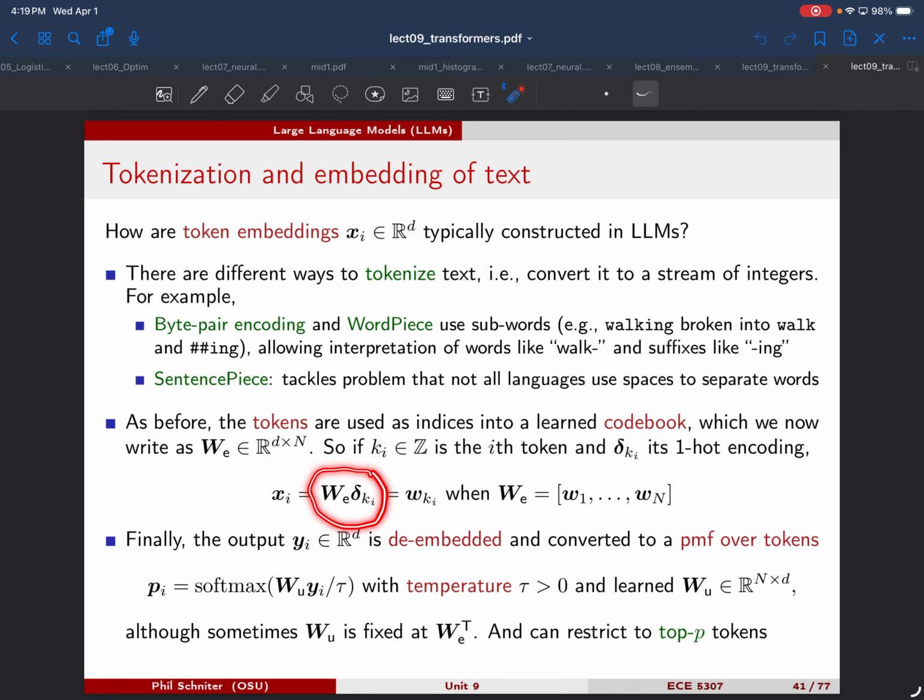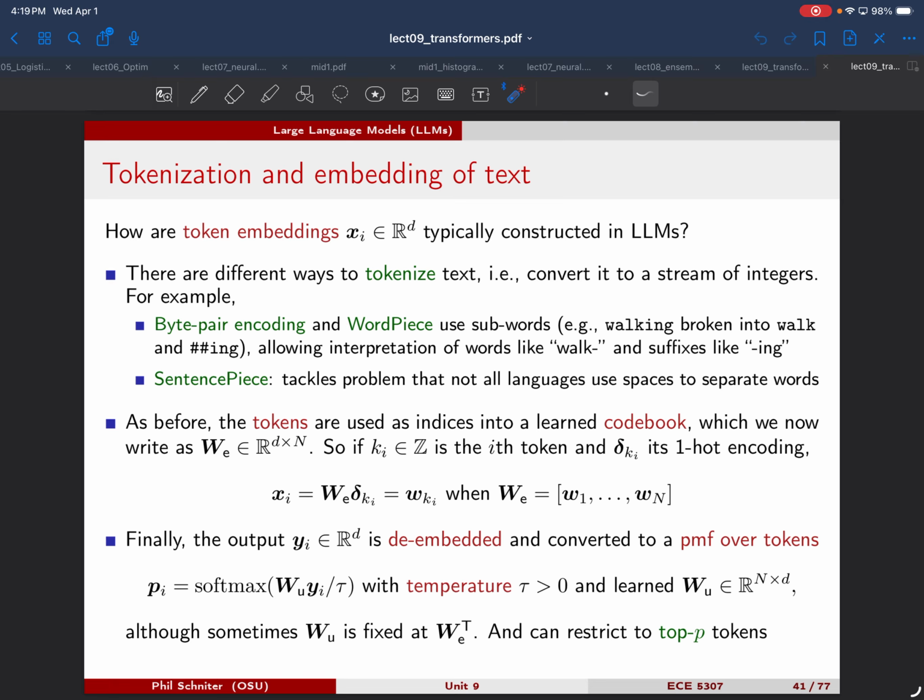You can extract the embedding for token k_i by making a one-hot encoding for the integer k_i, and then multiplying the embedding matrix on the right by that. That gets you W k_i, which you would use for the initial x_i in your sequence.